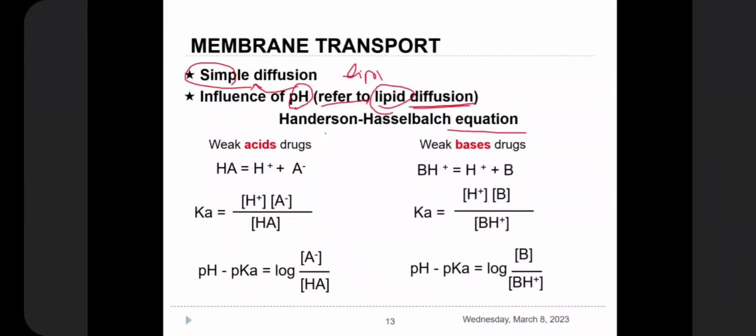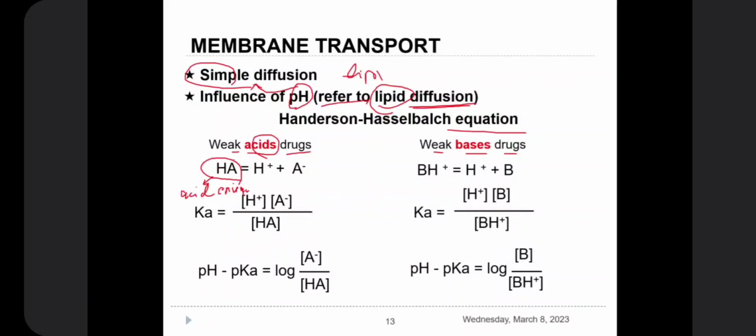Okay, and for pH, we have two types of drugs. One is acid drugs, weak acid drugs. Another one is weak base drugs. And when these drugs come into the circulation, into our body, HA.